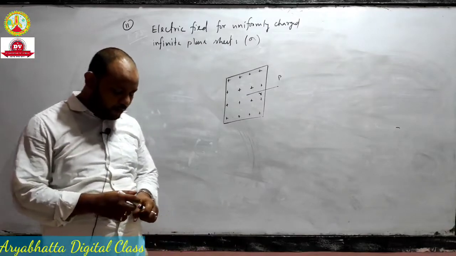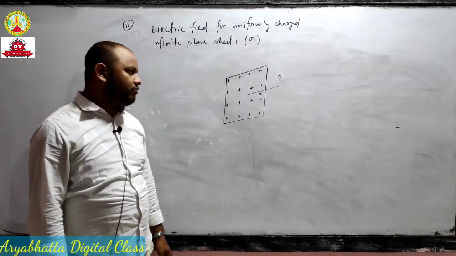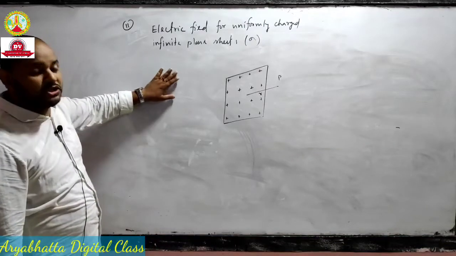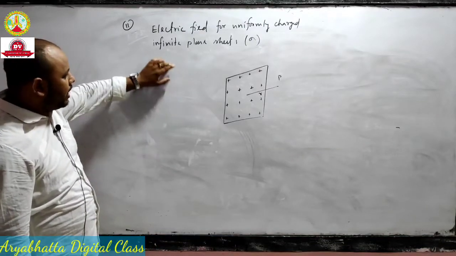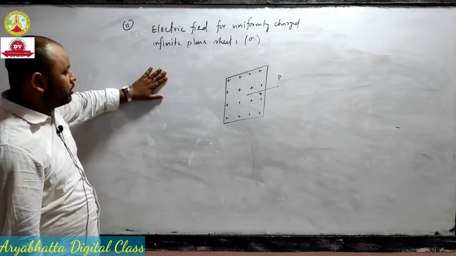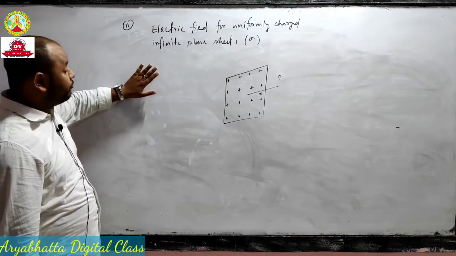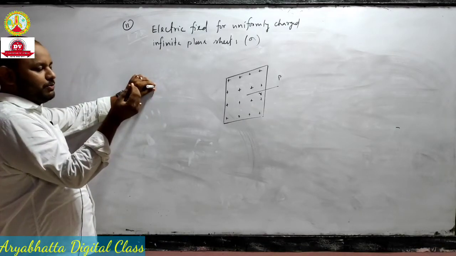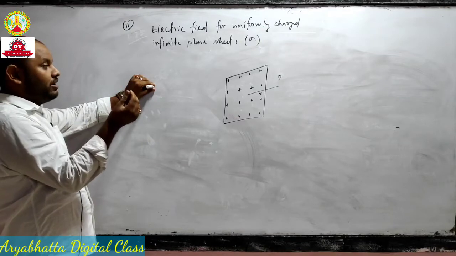This whiteboard can be considered as a plane sheet also. Suppose the charges are uniformly distributed over this whiteboard, and for this plane sheet we need to calculate the electric field at a distance r. Suppose this is the point where you need to calculate the electric field.